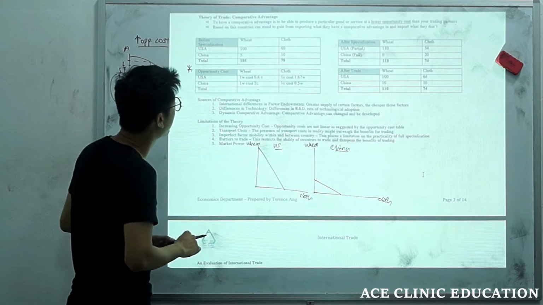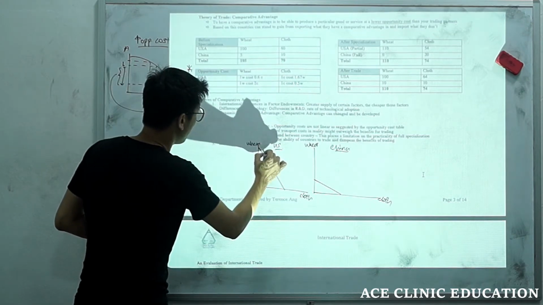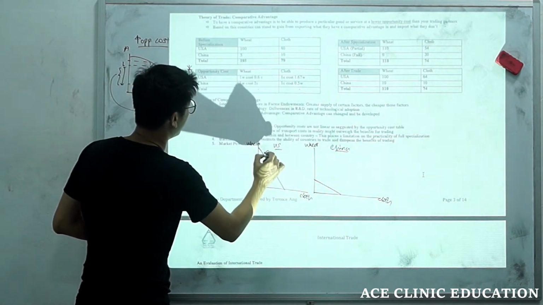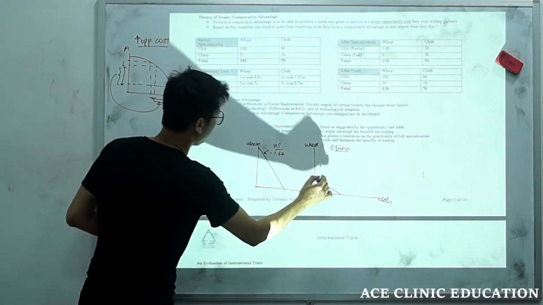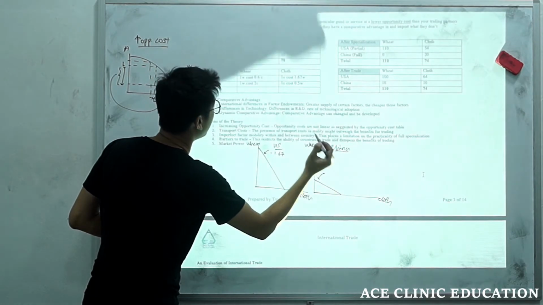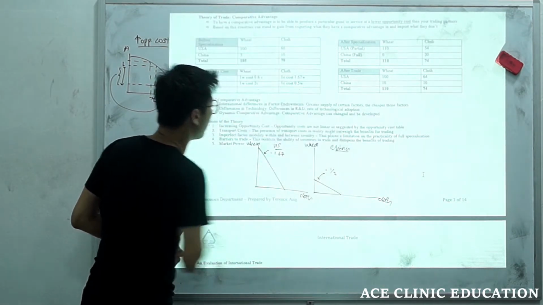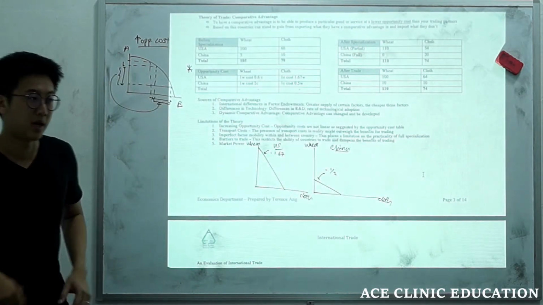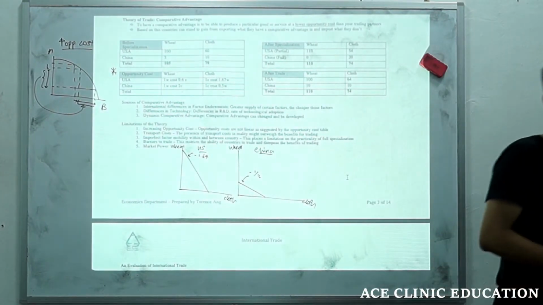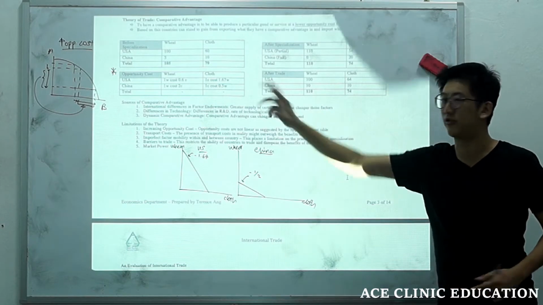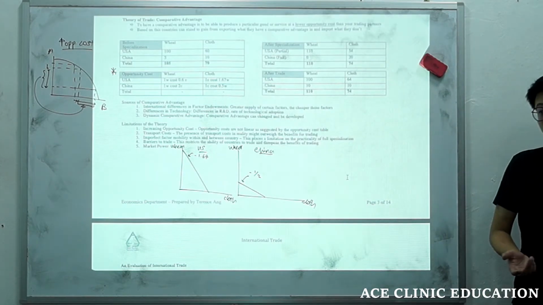So the gradient will represent the opportunity cost. In this case, the gradient will be minus 1.67, and then the gradient here will be. Of course, if you put it in graph form and talk about gradient, you can only show one of the two values, because gradient is rise over run.